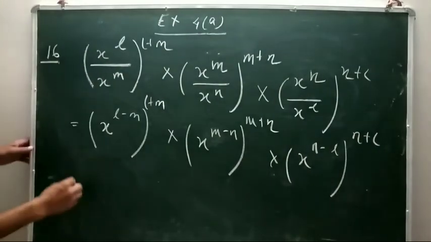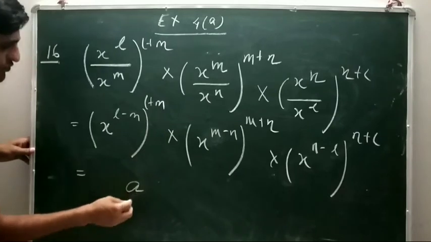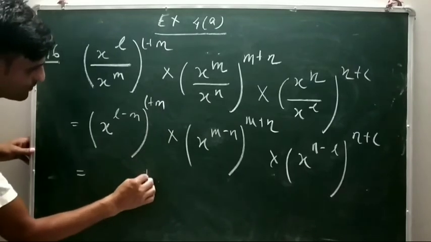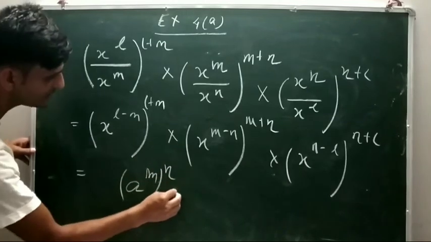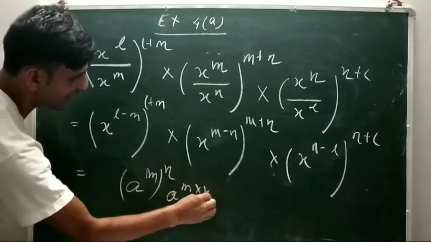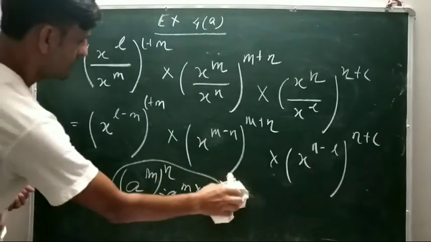Okay, so now see, we have a law that if the bases are the same and there is a power and then another power, the powers are multiplied, meaning a to the power m to the power n can be written as a to the power mn. So we will apply this law here.